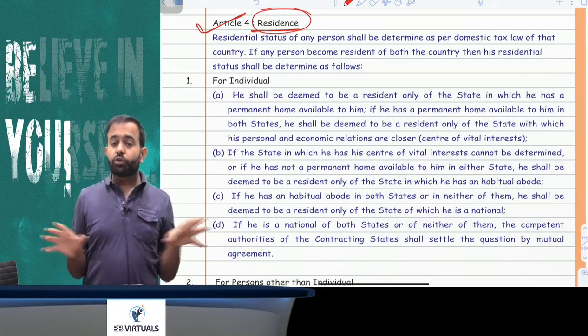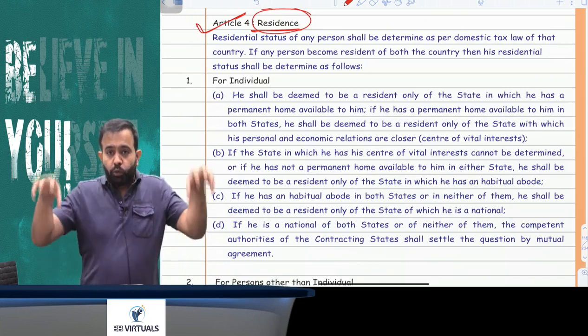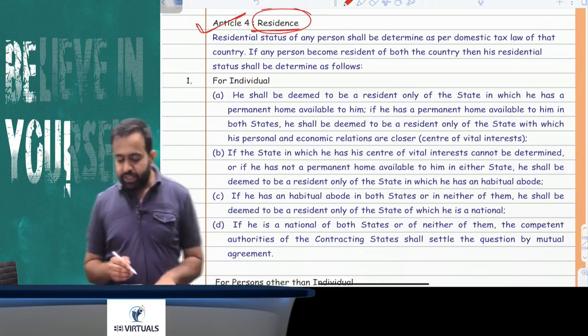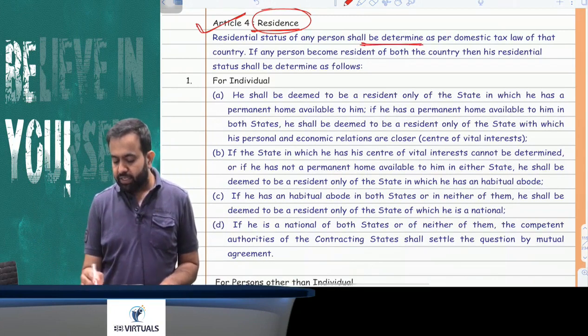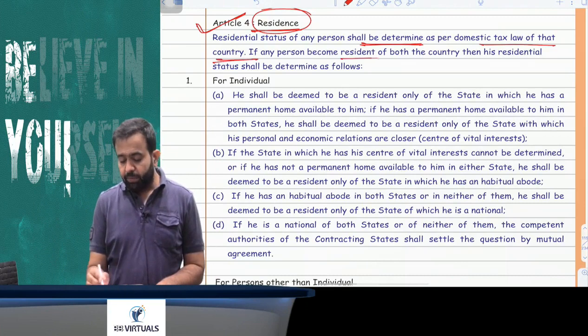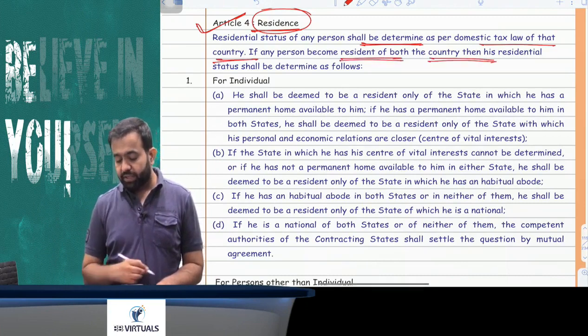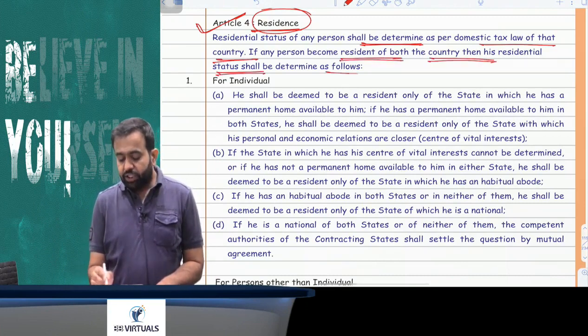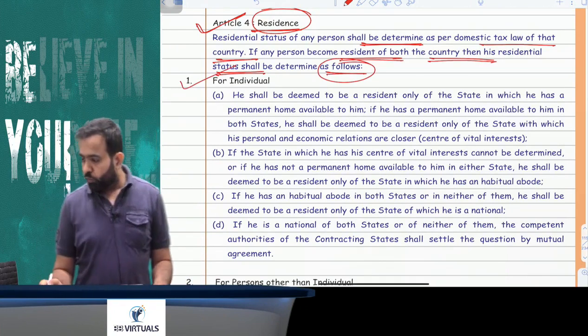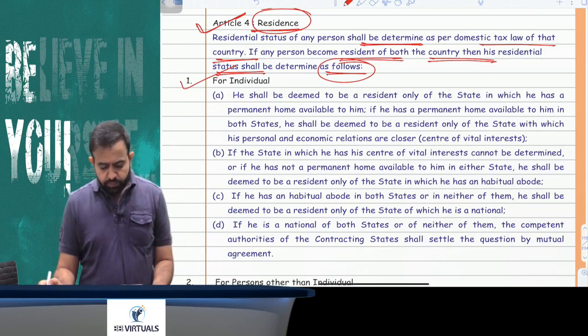And from domestic law, suppose if any person is resident of both contracting states, then what will happen? Pay attention. The residential status of any person shall be determined as per the domestic tax law of that country. If any person becomes resident of both the countries, then his residential status shall be determined as follows. First part is for an individual.